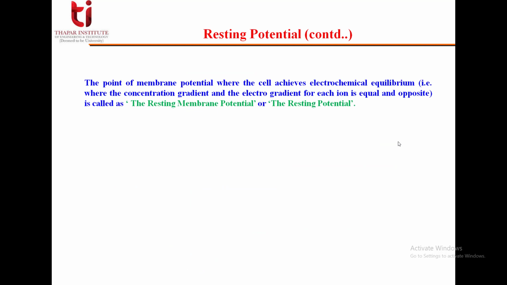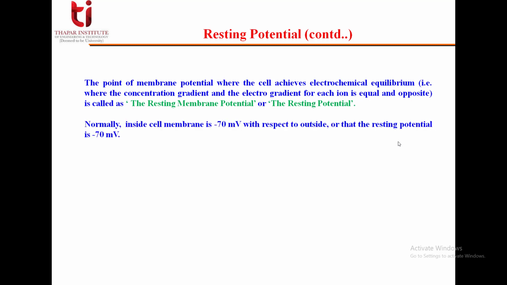This point of membrane potential, where the cell achieves an electrochemical equilibrium, meaning the concentration gradient and the electrical gradient for each ion are equal and opposite, we call the resting potential, also termed the resting membrane potential.